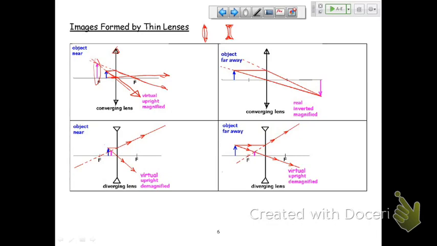With a magnifying glass, the object has to be closer to you than the focal length of the magnifying glass. So you tend to hold things close and use a magnifier to look at them. If I go beyond that, then everything flips and I get an inverted, magnified, real image.